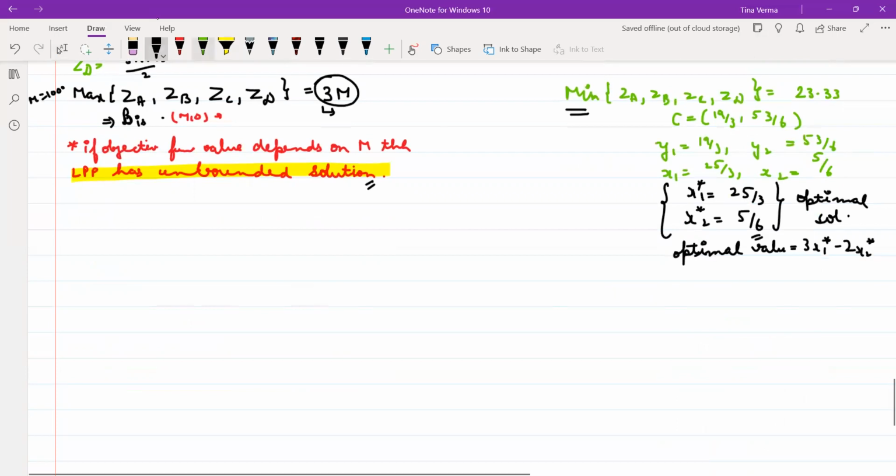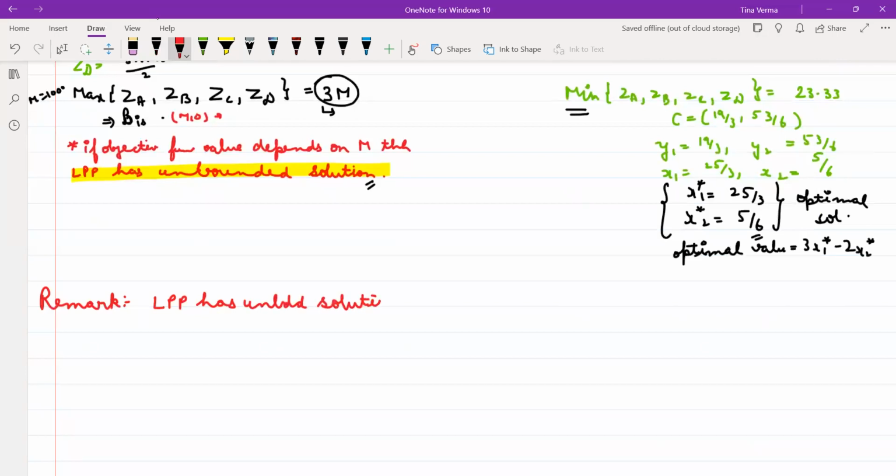One thing you can notice over here is that if the LPP has an unbounded solution, it implies that your feasible region is unbounded.